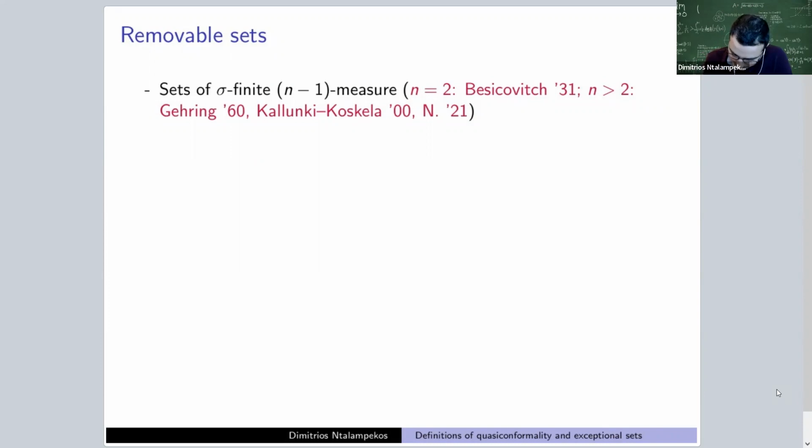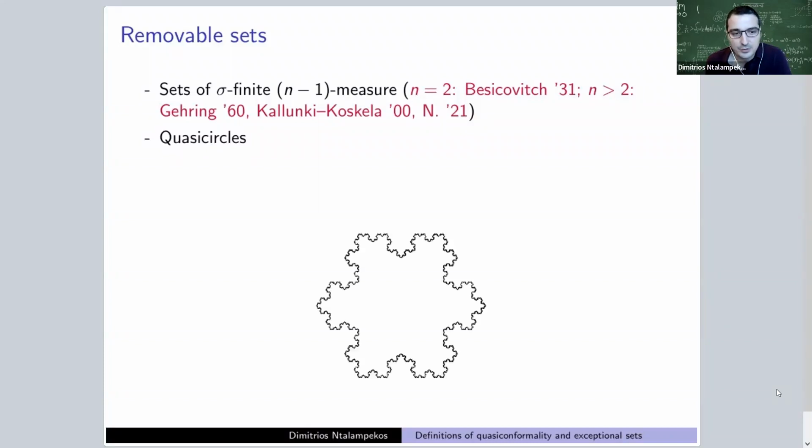Then the next class of sets are quasi-circles. So the most famous quasi-circle is the von Koch snowflake, which I'm sure you're familiar with. And roughly speaking, a simple closed curve is a quasi-circle if it has no cusps, right? So this is a cusp, and therefore this curve is not a quasi-circle. Now, let us note that quasi-circles can have Hausdorff dimension arbitrarily close to 2.